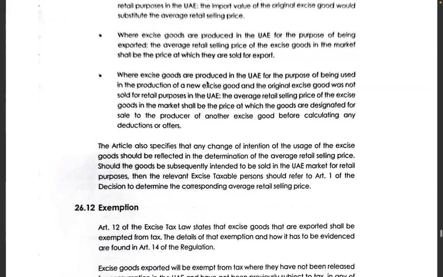Where excise goods are produced in the UAE for the purpose of being used in the production of a new excise good, and the original excise good was not sold for retail purposes in the UAE.